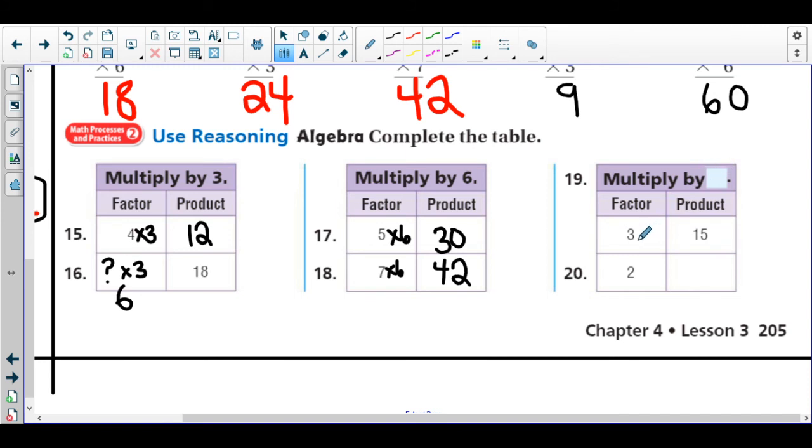So 3 times some number, I don't know what it is, gives me 15. And it would appear that that number is 5. So 3 times 5 is 15, and 2 times 5 is going to give me 10.